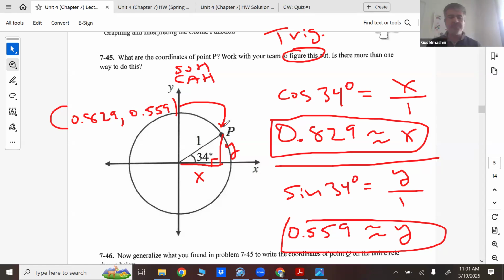The arc, don't worry about that. They did that last year in geometry, so it's not necessary for this class. It's not hard. Just take the circumference and multiply by the central angle as a fraction of 360.